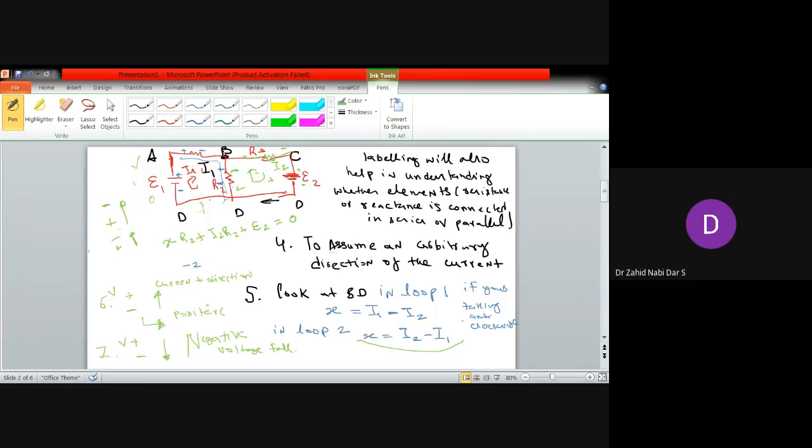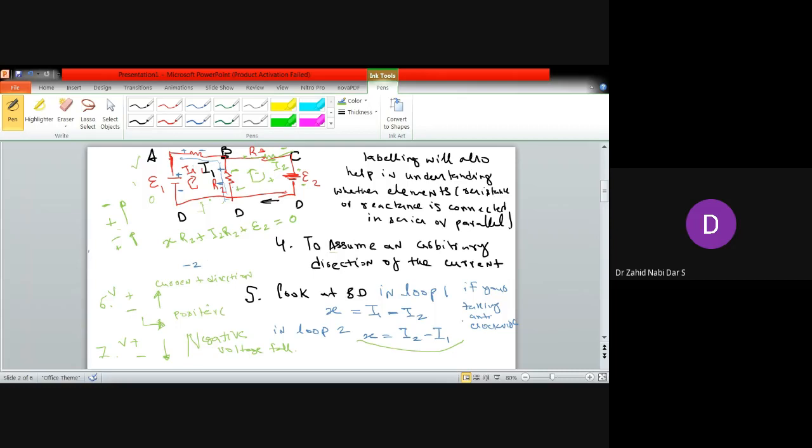Now if you put in any circuit like this, you will be able to solve any of the circuits, whether it is a GATE examination or a VTU examination or any other examination. Now let's take some problem. Look at VD, and in loop 1 x would be equal to I1 minus I2.